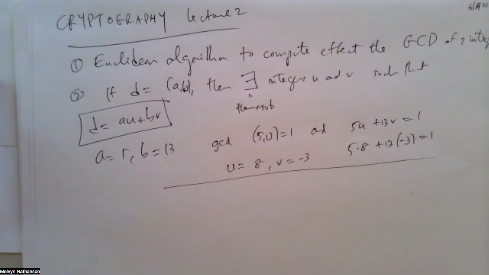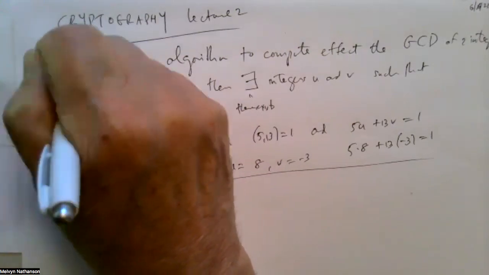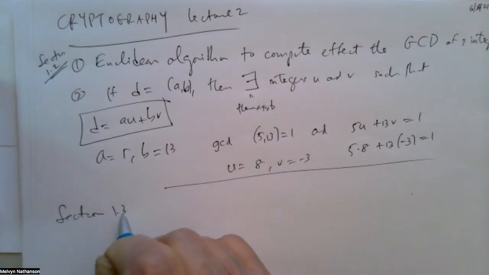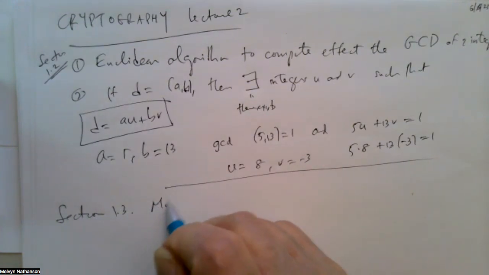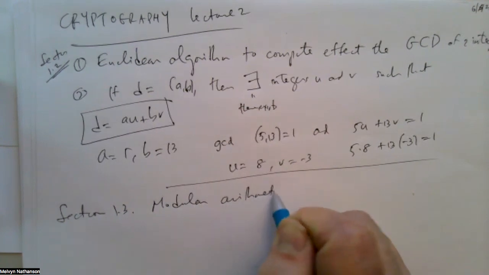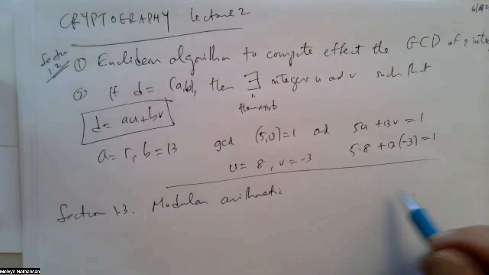Then today, we're going to go on to the next section. So this was in section 1.2. And now we're going to start section 1.3, which is modular arithmetic. And people always like to compare this to telling time.